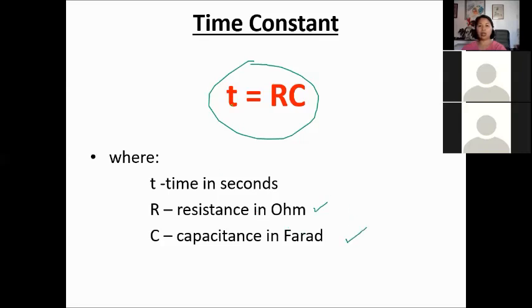So, itong time constant na to, this is time of charging and equal to time of discharging a capacitor. Bakit kaya naging unit ng time ang seconds? Malalaman din ninyo yan pagkatapos tayo sa electricity. Kasi merong equivalent unit ang ohm.